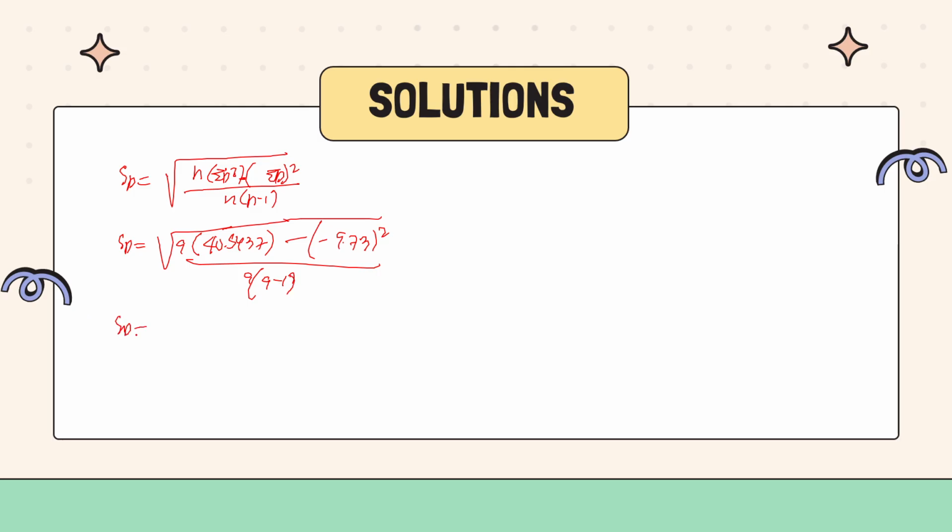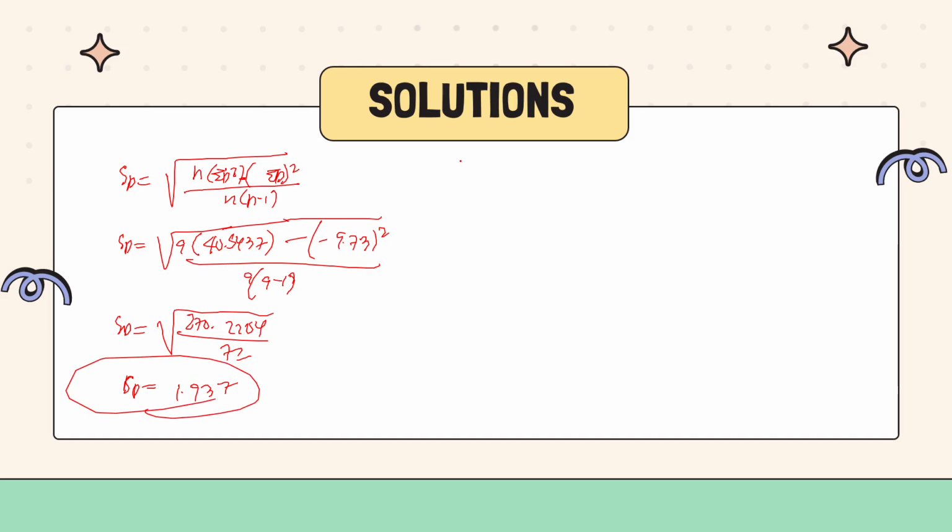Simplifying, this is the square root of 270.2204 over 72. So therefore our SD here is equal to 1.937. So we have now the SD.